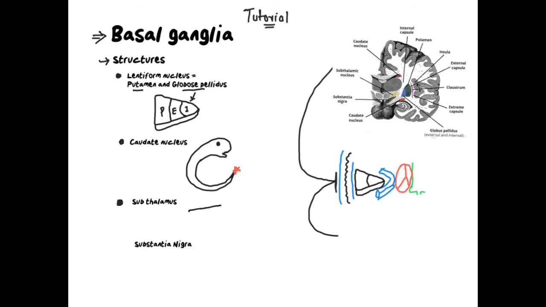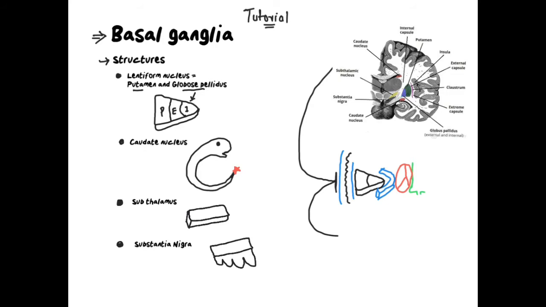The subthalamus is a structure just under the thalamus, so it's called subthalamus. Let's imagine this is your subthalamus. And then you have the last one, the fourth one. This one is called substantia nigra. If we draw substantia nigra, this is your substantia nigra.